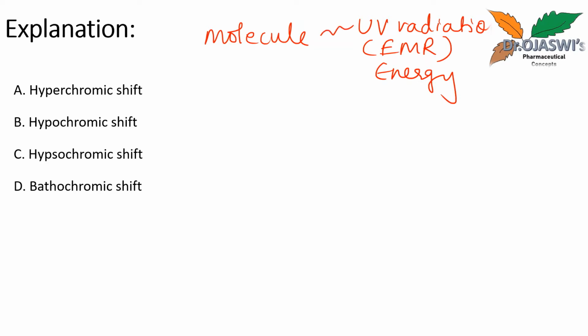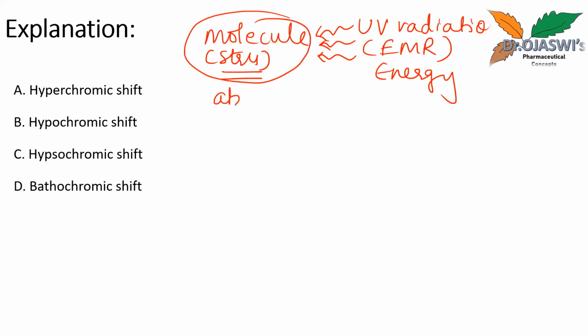When these UV radiations are bombarded on any molecule, this molecule means nothing but a structure, which has carbon, hydrogen, a number of other elements, a number of bonds, and a number of electrons. The energy of the UV radiations will be absorbed by this particular molecule.